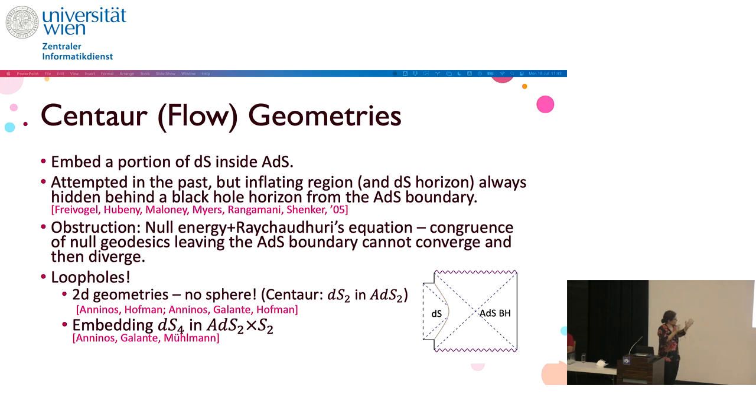And perhaps you might be confused because you were expecting to embed DS4 inside ADS4, but remember that what we want to do is actually study the de Sitter horizon. We don't actually choose which theory it's embedded in, and the fact that there is always some kind of ADS2 factor at the boundary is perhaps natural from the point of view of these ideas of de Sitter having a finite number of degrees of freedom or being dual to a quantum mechanical model.